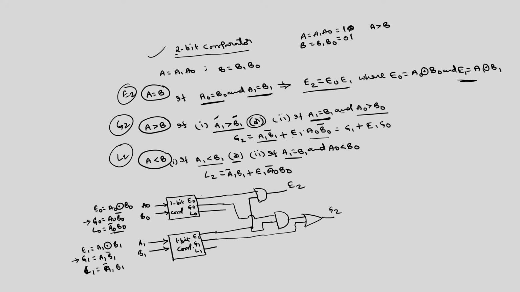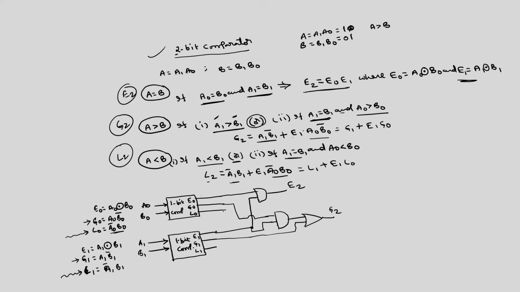Similarly, to get the expression for L2, A1 bar B1 is L1, so L2 is equal to L1 plus E1 times A0 bar B0, and A0 bar B0 is L0. So you get L2 as E1 L0.